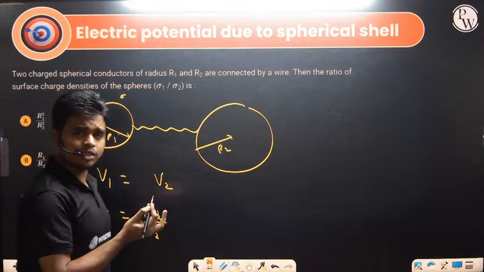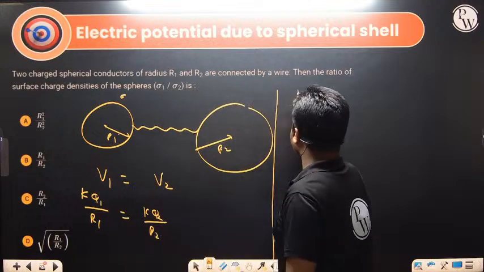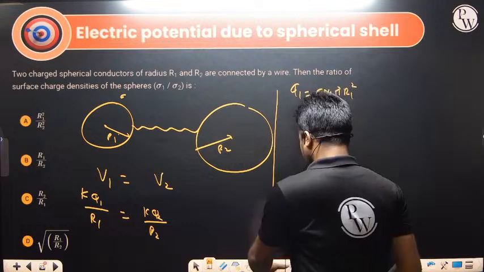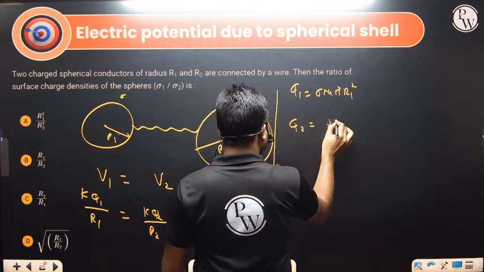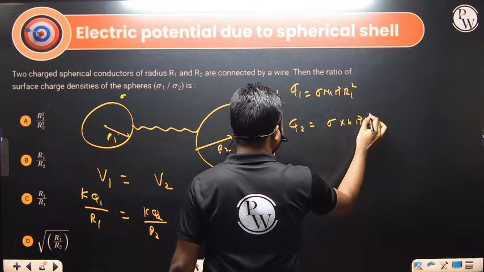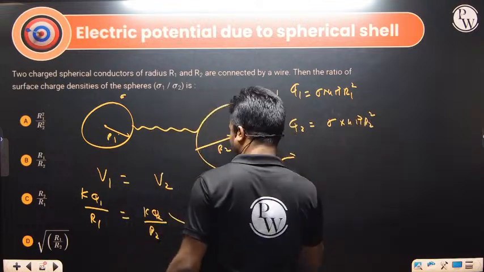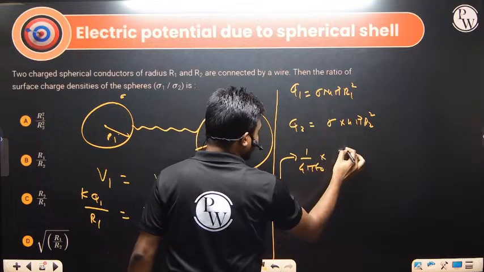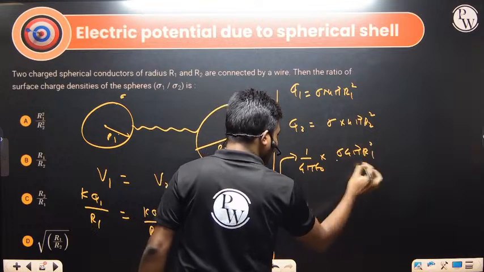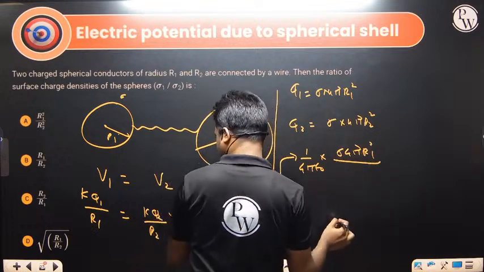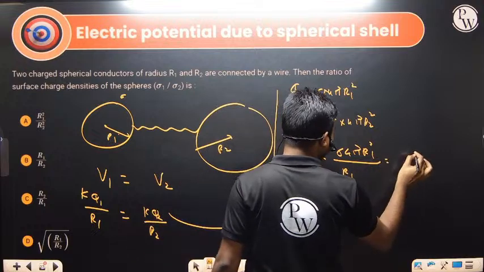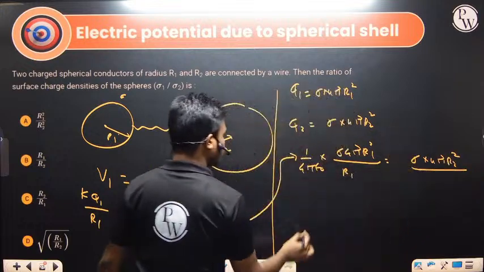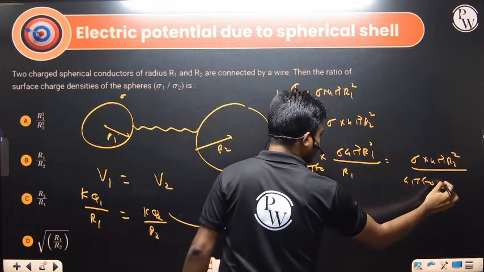But we don't want it in terms of Q1 and Q2, we want it in terms of sigma. What is Q1? Sigma into 4 pi R1 square, and Q2 will be given by sigma into 4 pi R2 square. Putting these values over here, K is 1 by 4 pi epsilon naught into Q1, that is sigma 1 into 4 pi R1 square divided by R1, equal to sigma 2 into 4 pi R2 square divided by 4 pi epsilon naught into R2.